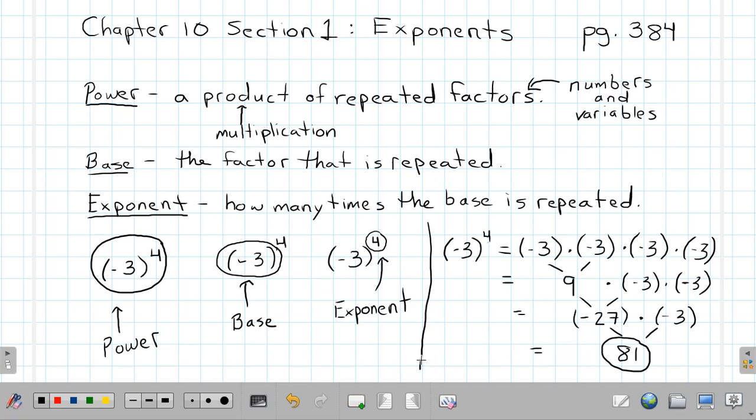So one thing I do want to point out here is notice the parentheses around the -3. Always make sure to use parentheses around negative bases.